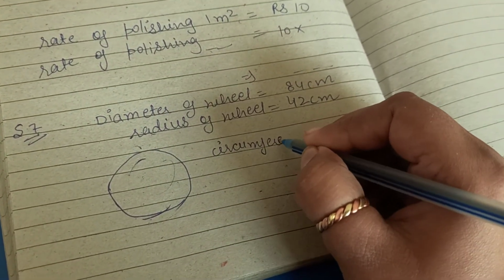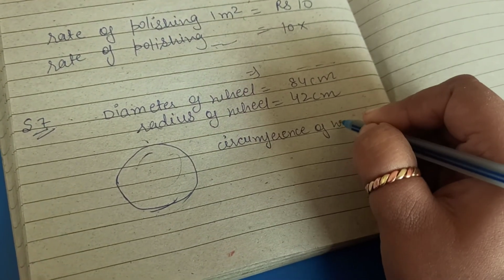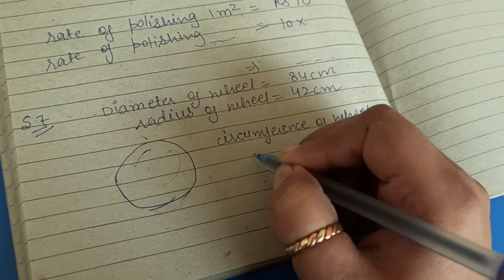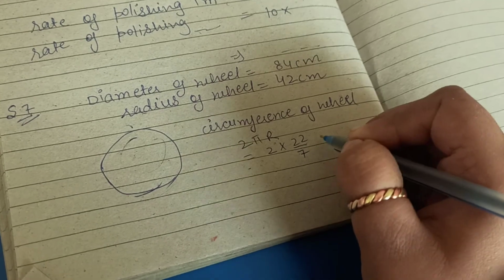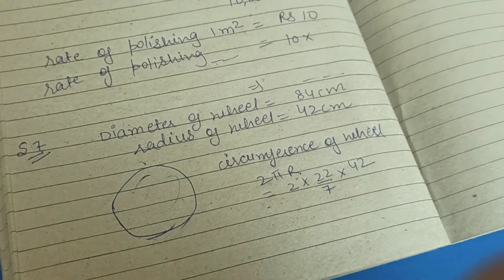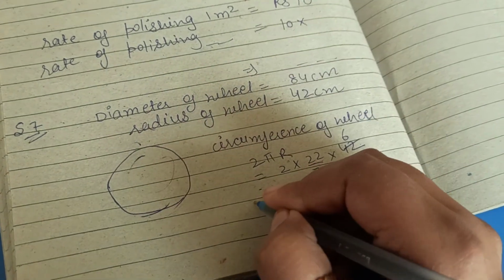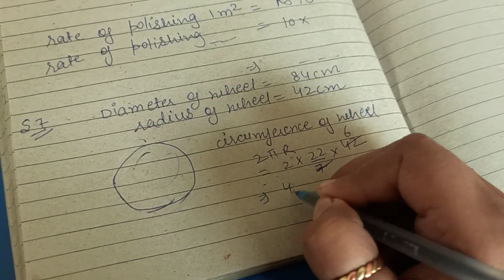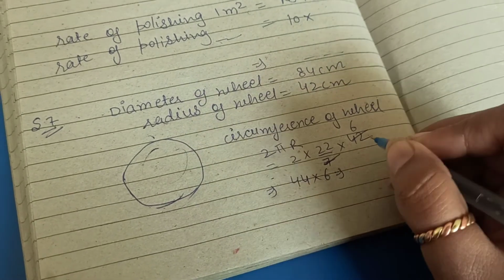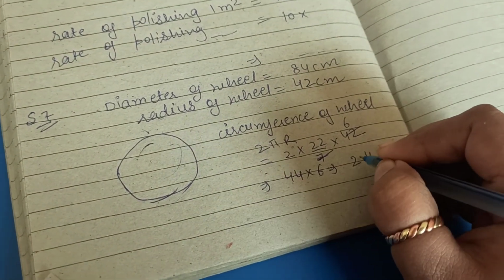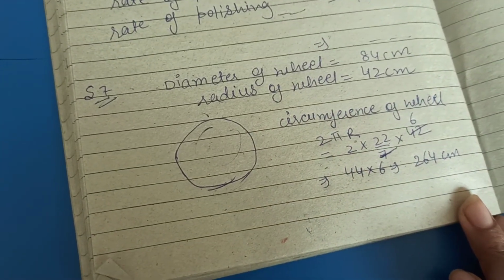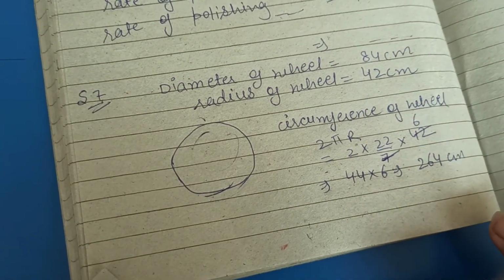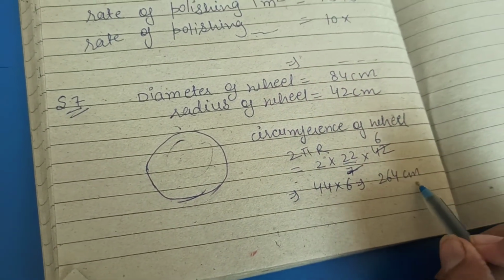Circumference of the wheel, and formula is 2 pi r, that is 22 by 7 multiply 42. So 7 6s are 42 and it becomes 44 multiply 6, 264 centimeter.